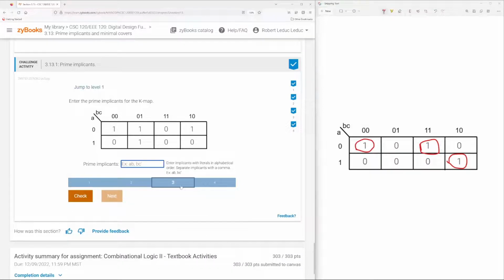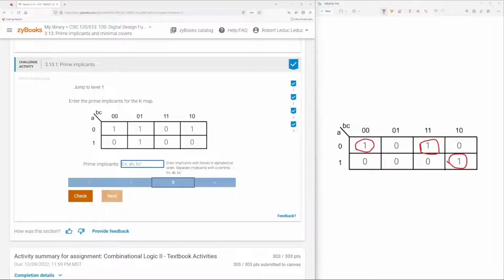So for the next question, it tells us to enter the prime implicants for the given K-map. And when we're talking about prime implicants, we have a slightly different definition in that the prime implicant of a function is an implicant that can't have a literal removed without becoming a non-implicant.